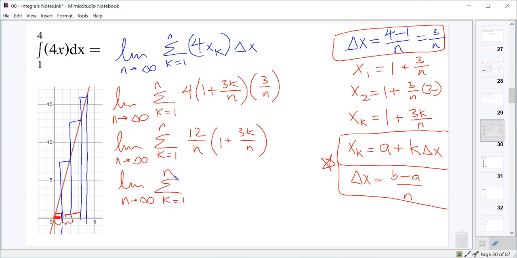Well, 12 over n times 1 is just 12 over n. And 12 over n times 3k over n is going to be 36k over n squared.